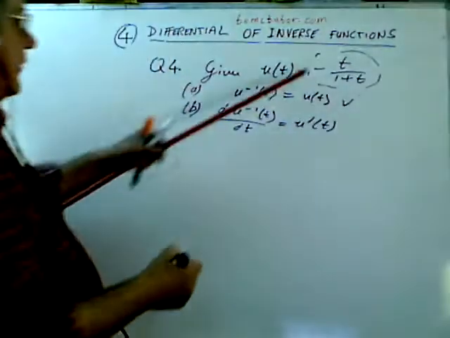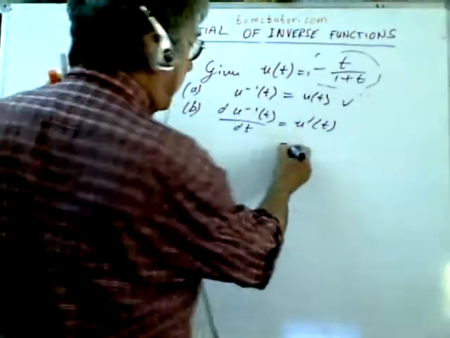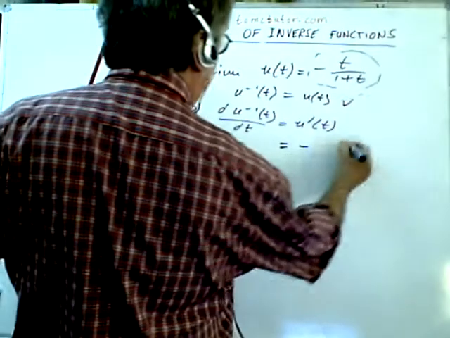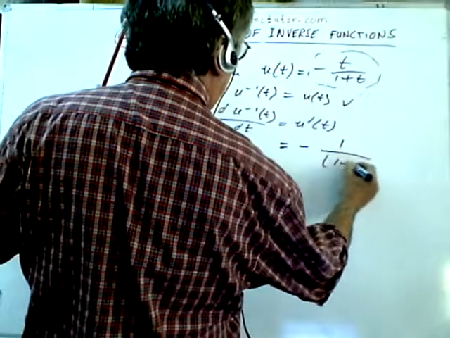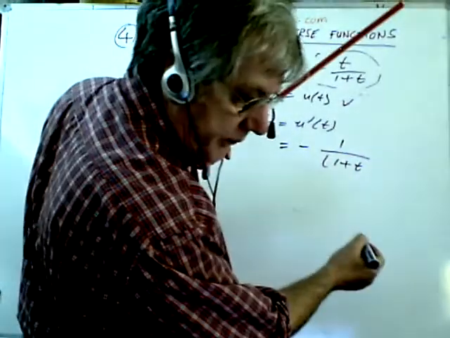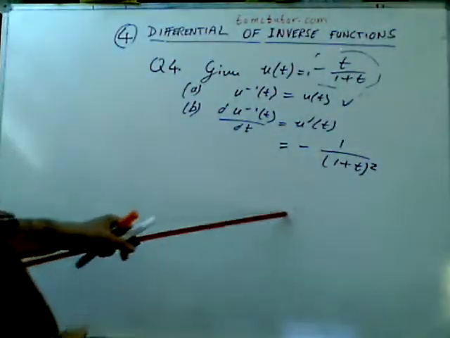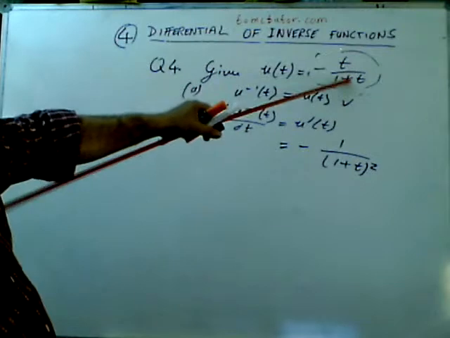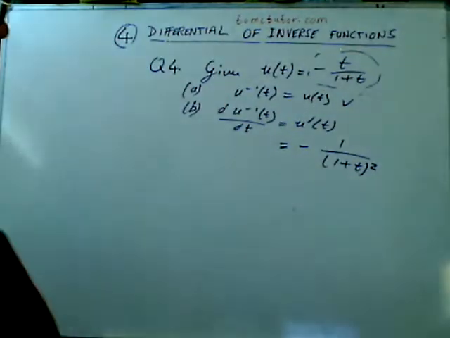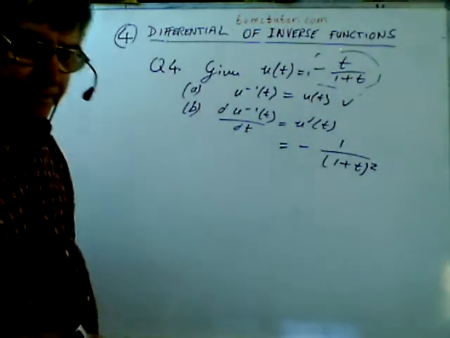So all I have to do is differentiate the function itself. When I do that, I will end up with 1 minus 1 over 1 plus t squared. I think that's the answer. We just differentiate that by the quotient rule and we'll end up with our answer.